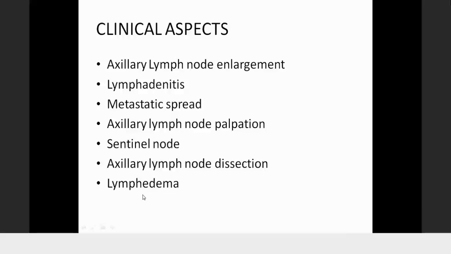Then what is lymphedema? Accumulation of the lymph in the tissues. Lymphedema means when the lymphatics are not working properly. The lymph is not flowing through its natural route. The lymph gets accumulated in the interstitial space and there is swelling of that affected area. So usually lymphedema of the upper limb happens.